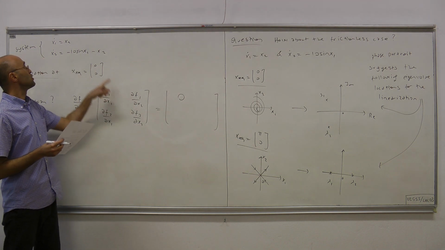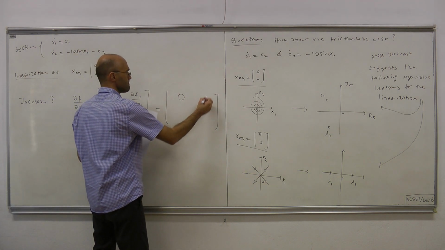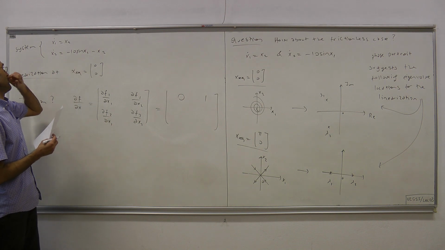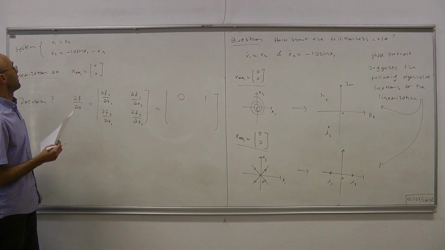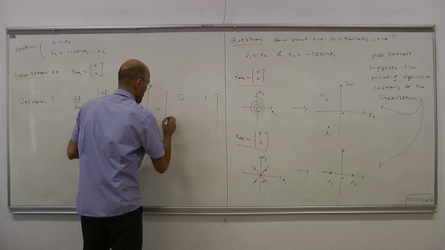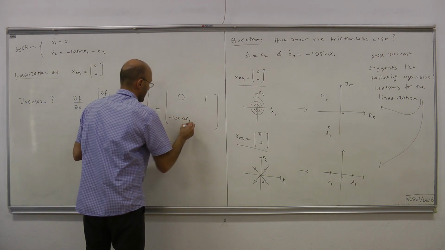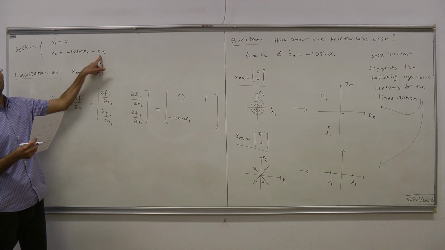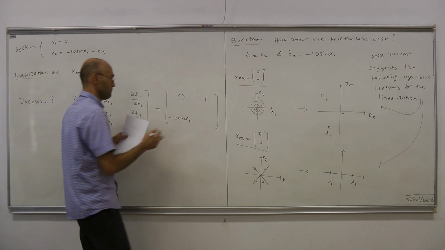Partial f1 partial x2 is 1. Partial f2 partial x1 is minus 10 cosine x1. And finally, partial f2 partial x2 is minus 1, since this is the only x2 term.